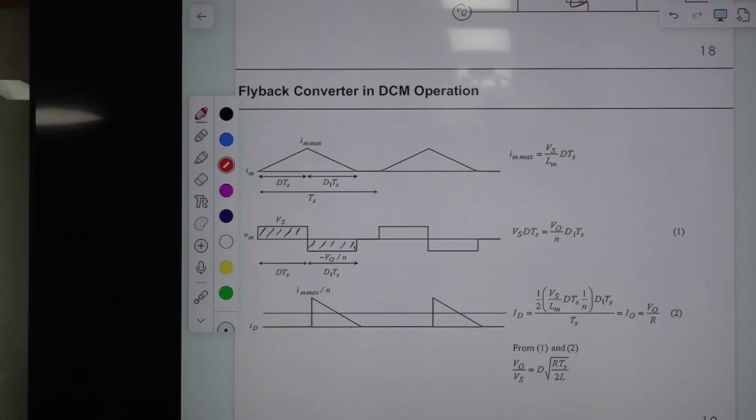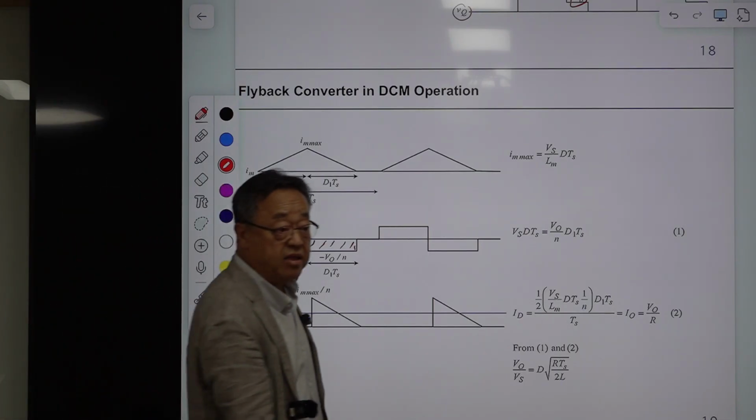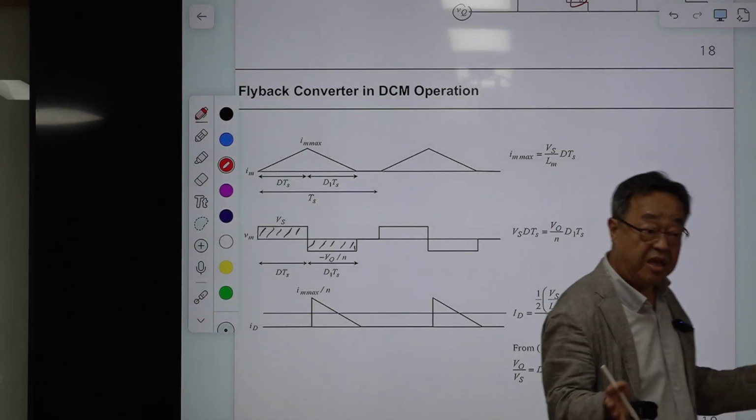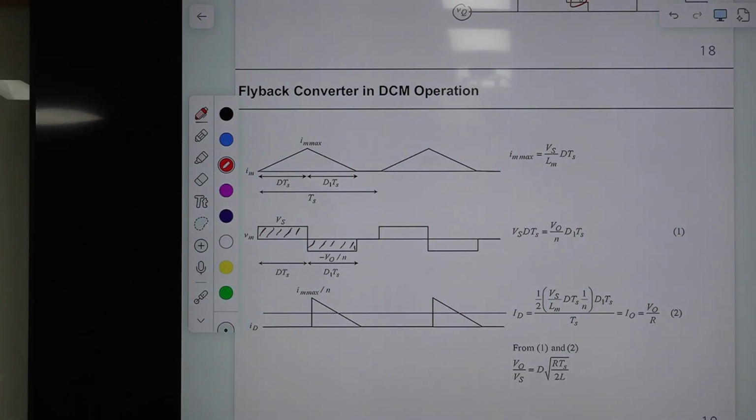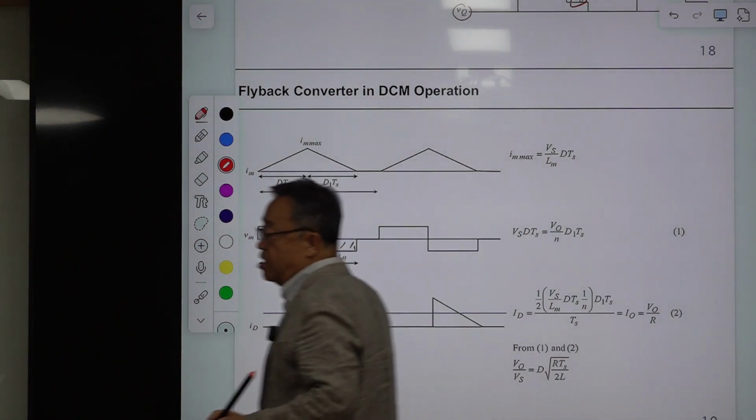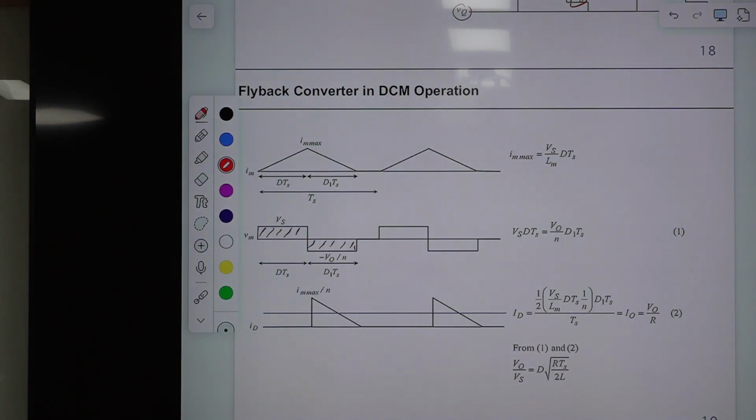The volt-second balance condition is always valid regardless of the operational mode. By equating this, you have this relationship, but this is not complete because D1 is unknown in general and uncontrollable. D1 is determined by the circuit operation.